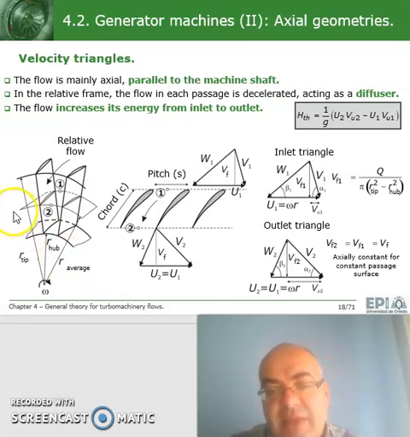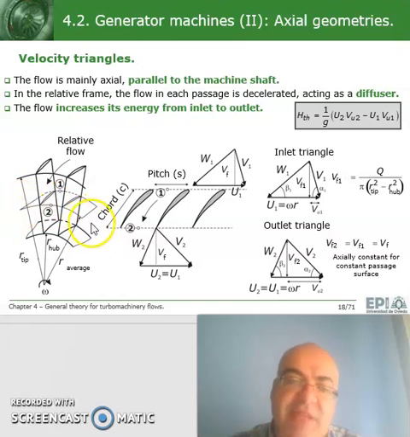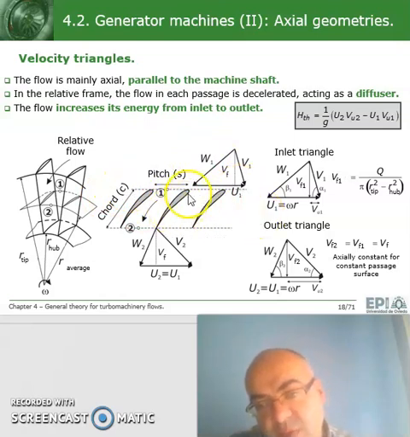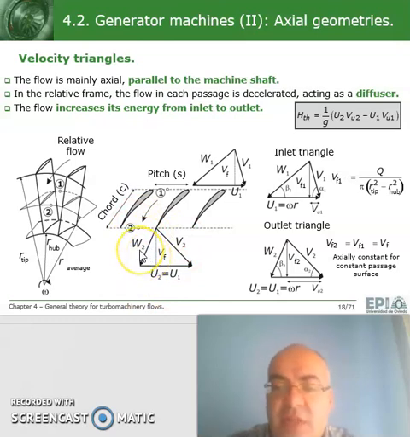Typically, it's like if we had a cut of the machine by a kind of cylindrical surface, as we have here, and then we unfold or unwrap the surface over the 2D surface, and we get to something like this: inlet velocity triangle, outlet velocity triangle, and the two main features for the axial geometries.